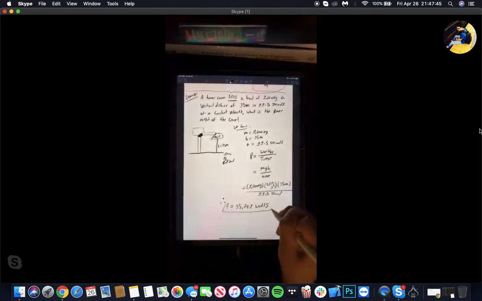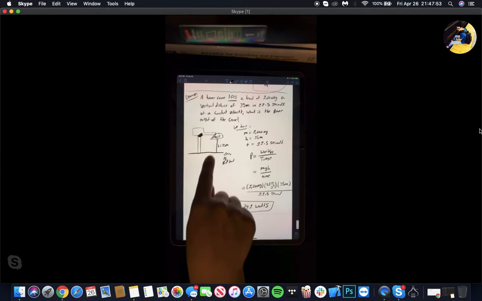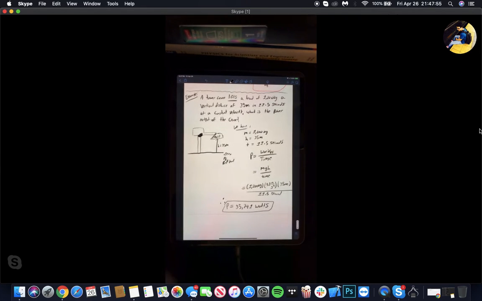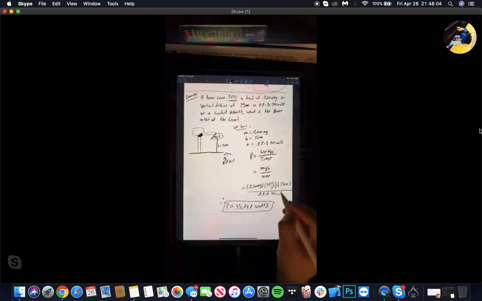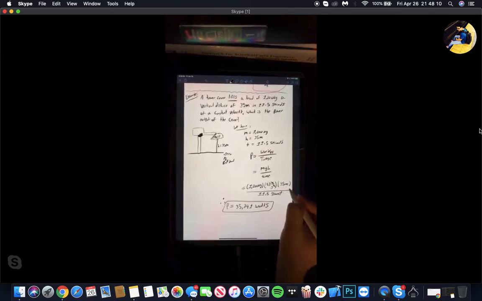So we didn't have to do anything with the meters per second squared? No, this was mgh because the work being done is by potential energy. The output is watts. That's a lot of watts though.